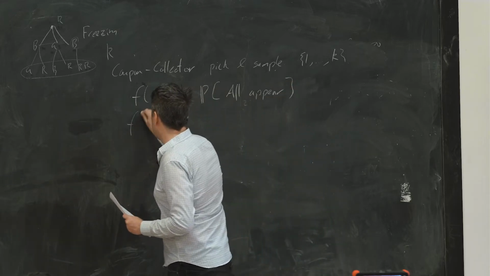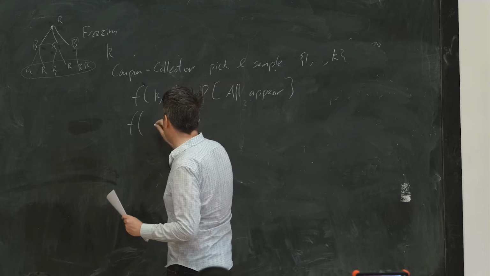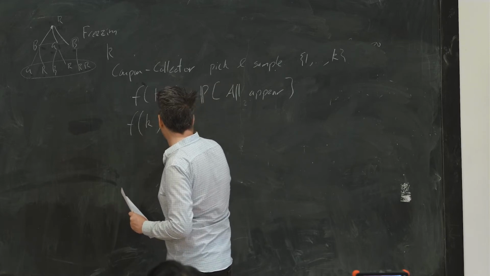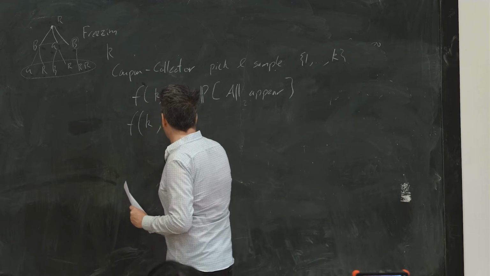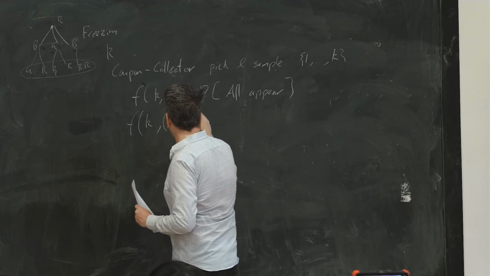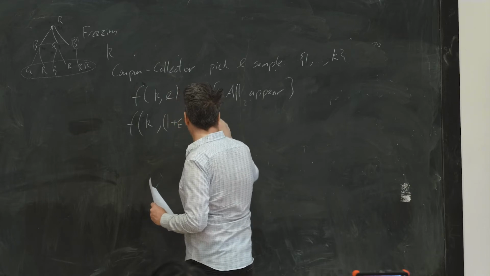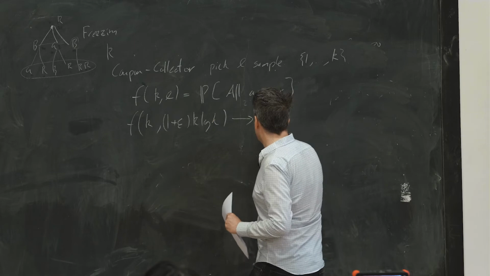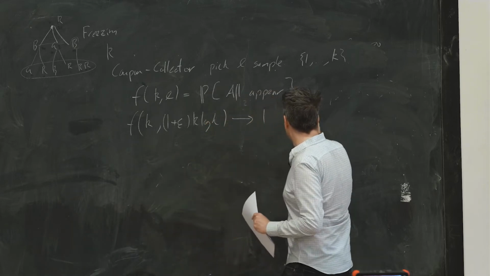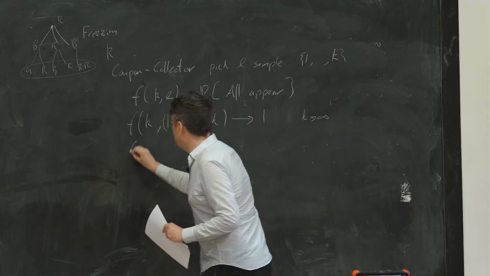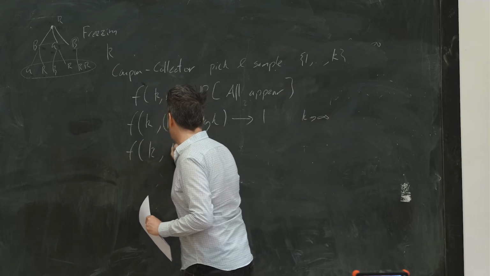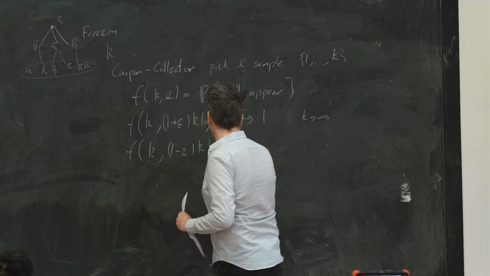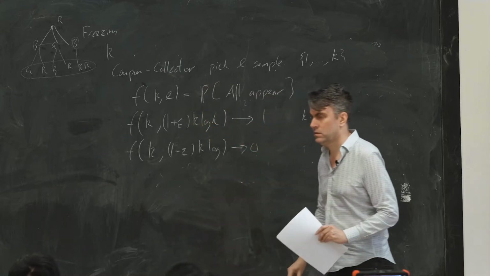And so the coupon collector theorem, I guess, would say that if you have (1 plus epsilon) k log k samples, then this converges to 1 as k goes to infinity. And if you only have (1 minus epsilon) k log k samples, then this tends to 0.